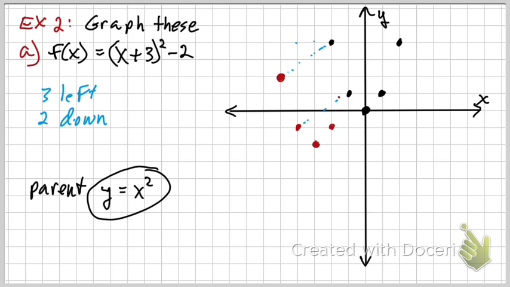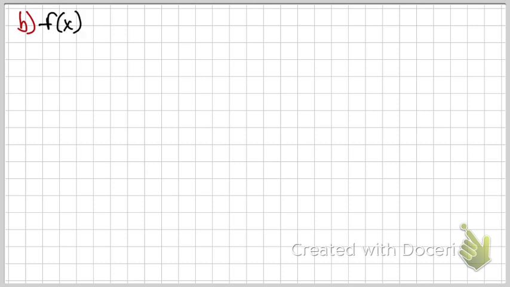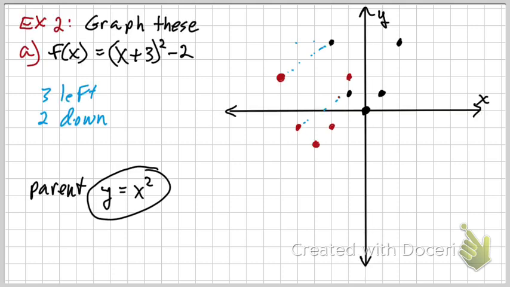My 2, 4 point up here, 3 to the left, 2 down. And once you've got the dots, then you just connect them. And so the red is the graph of this thing right here.